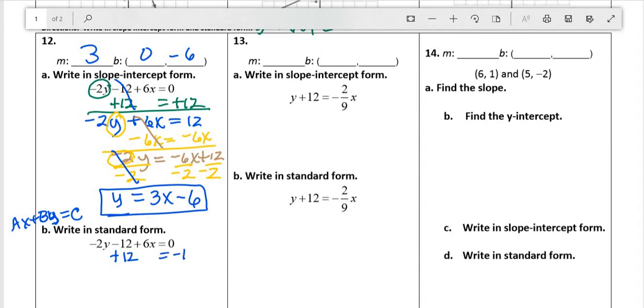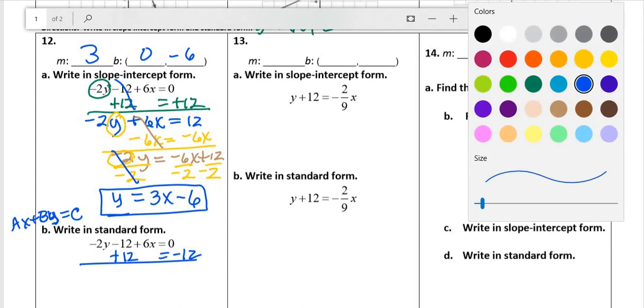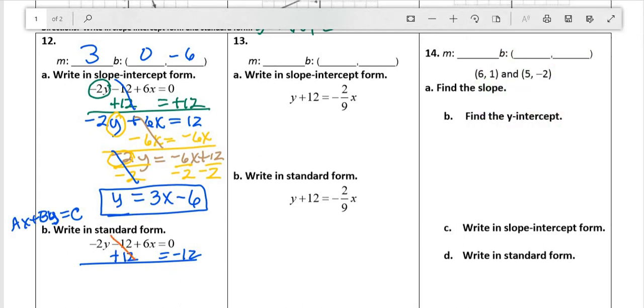So I'm going to add 12 right here. This will cancel out. Excuse me, I forgot. Let's put plus 6x equals -12.